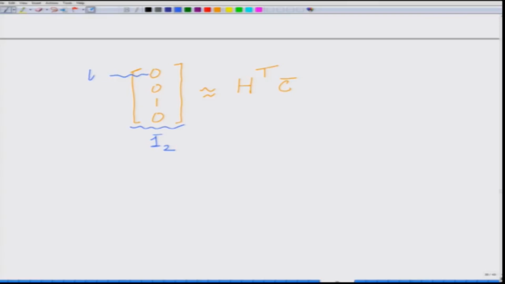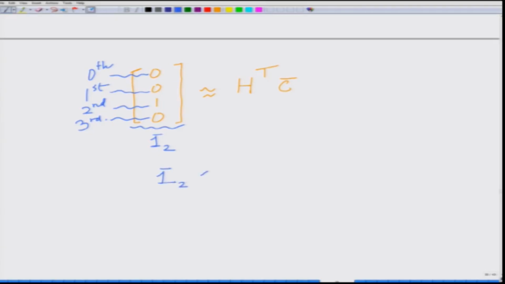If we call this the 0th position, this the first position, this the second position, and this the third position, this has a 1 in the second position and zeros elsewhere. So, this is denoted by the vector 1 bar 2.